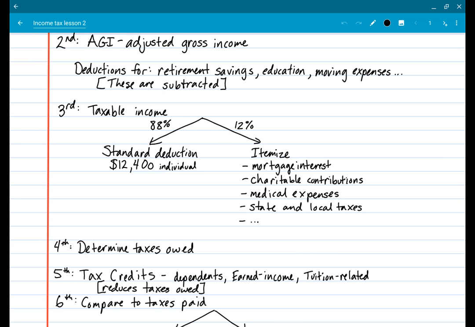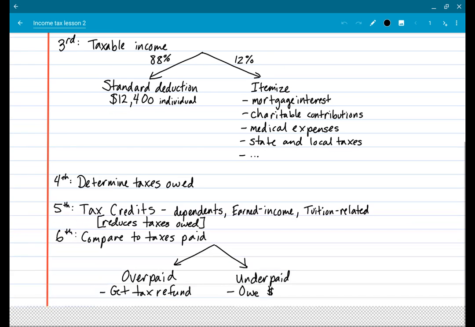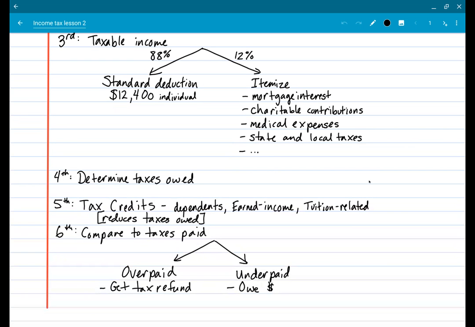That's the number that's going to be compared to the charts to determine how much you owe in taxes. The last step is they're going to base their calculations on the percentages that you owe at different brackets. We'll talk about that more in our next lesson, where we actually learn to calculate some of these tax amounts. And then you can apply for tax credits. So let's say you owe $1,200 in taxes.